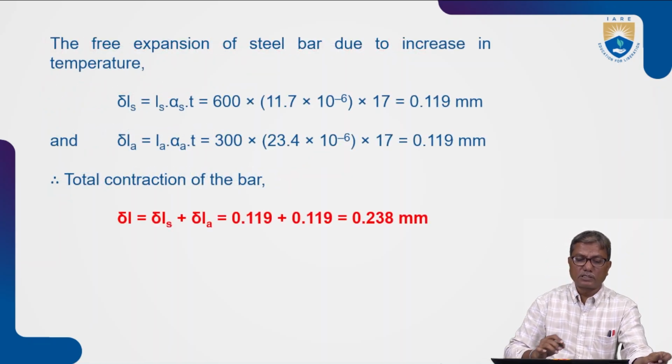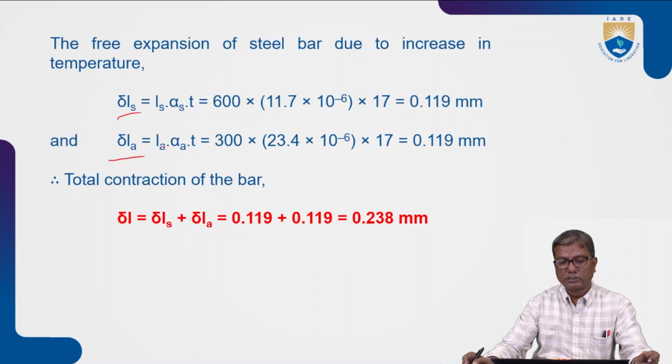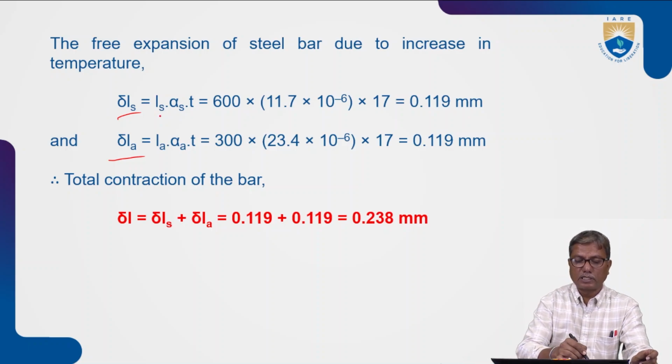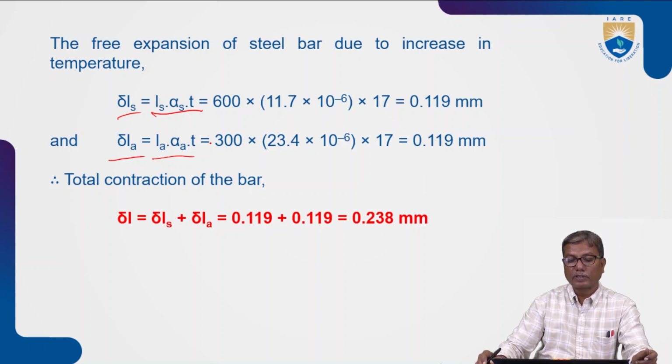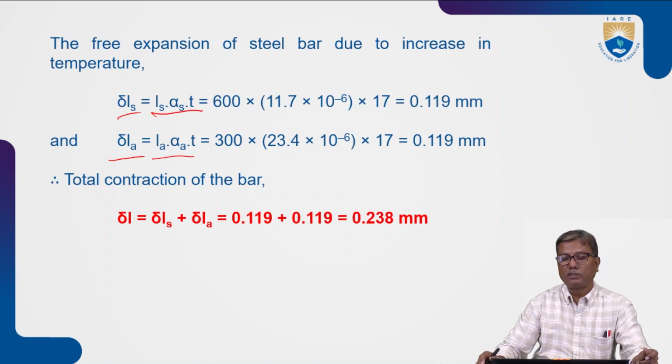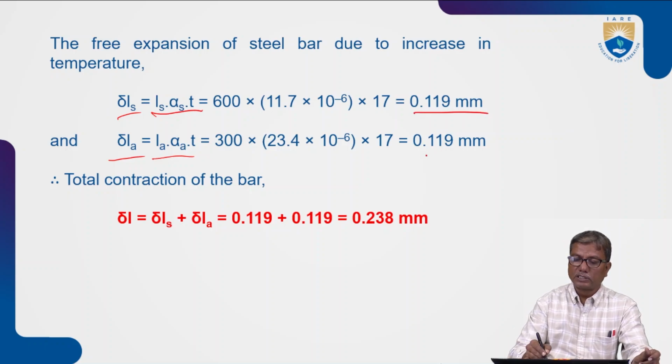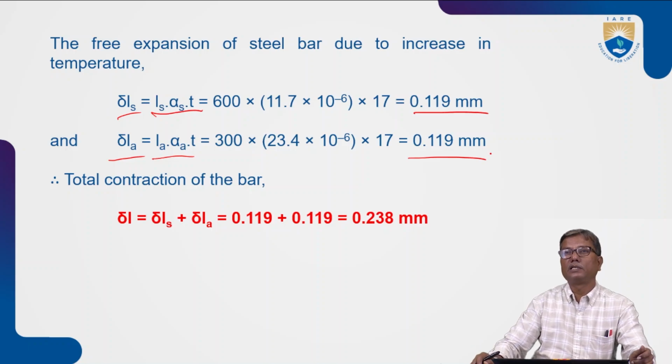And how about the second relation? If it is free to expand, then the free expansion of the bars is Ls alpha T for steel and La alpha A T for aluminum bar, which is 0.119 mm in both the cases.